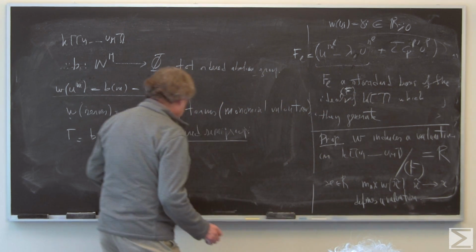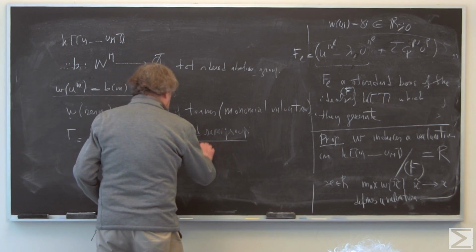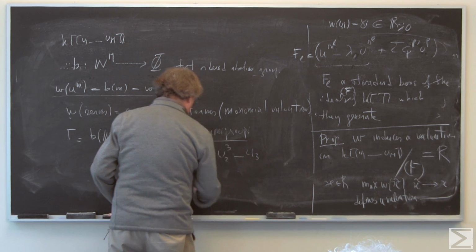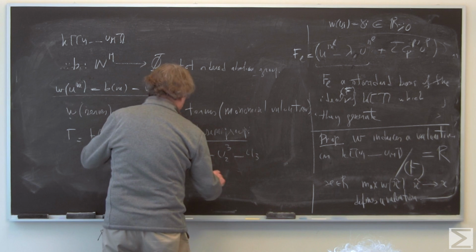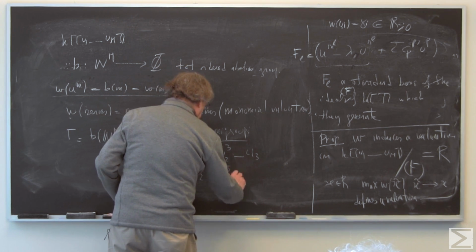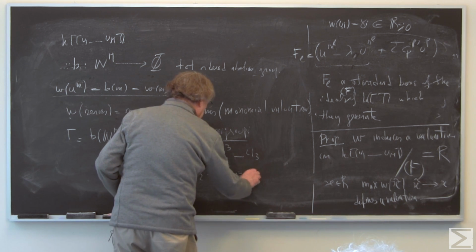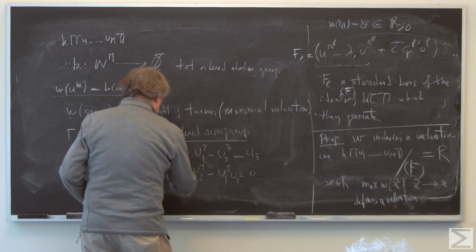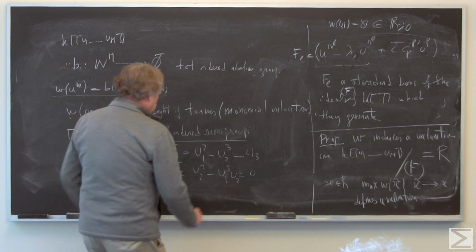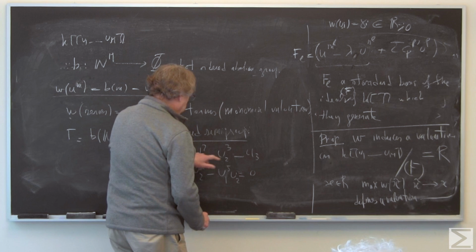Let me give you the basic example again. Look at the two equations, u1 squared minus u2 cubed minus u3, and u2 squared, a simplified version of the one I gave a minute ago, u2 squared minus u1^5 u2 equals 0. So let this be f1, let this be f2. You have to trust me that this has weight 12, 13.